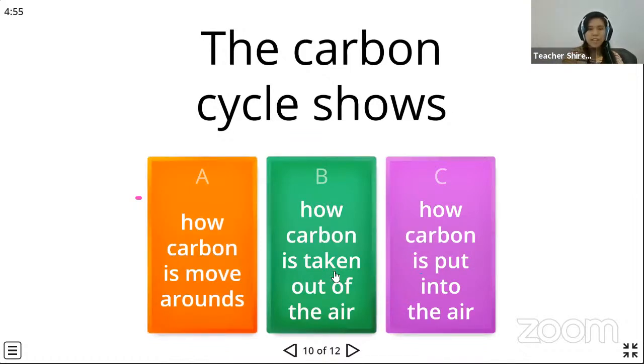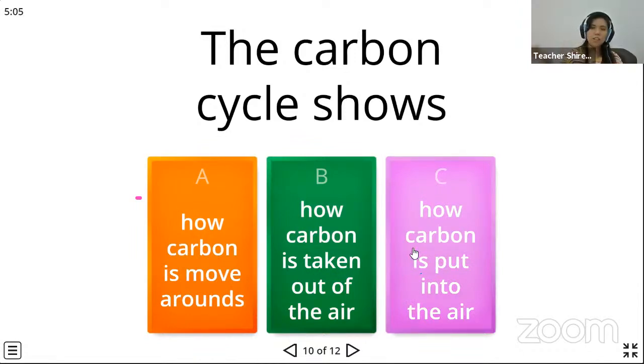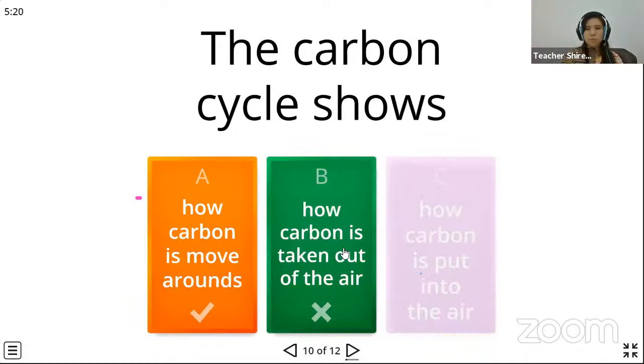Taken out of. Cycle means in as well as out. Both. Water cycle, carbon cycle, oxygen cycle. Cycle means in and out, a complete cycle. Cycle, what shape is it? Around, move around, means in, then out, in, then out.